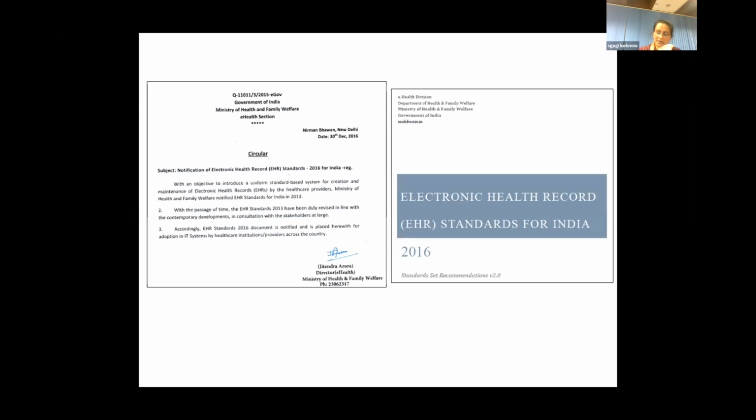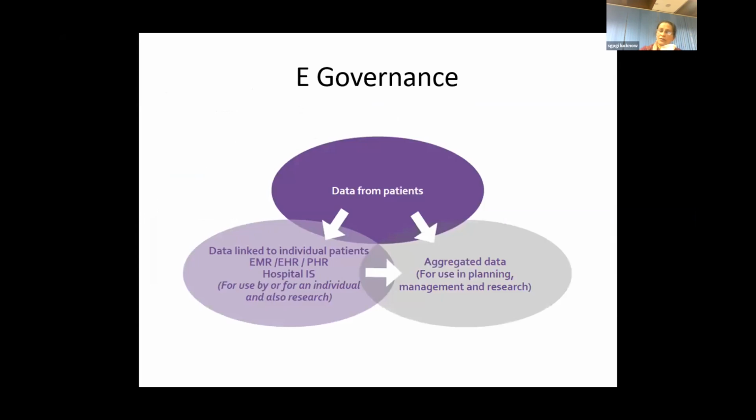So what is the ultimate aim of all this electronic health record, medical record, or personal record? As you remember from the first slide, data is not only for the benefit of the patient. It serves so many purposes in health planning, insurance, and so on and so forth.